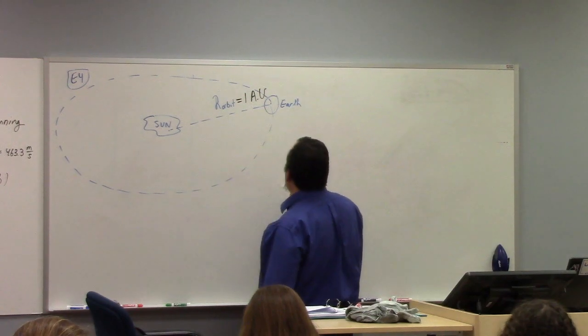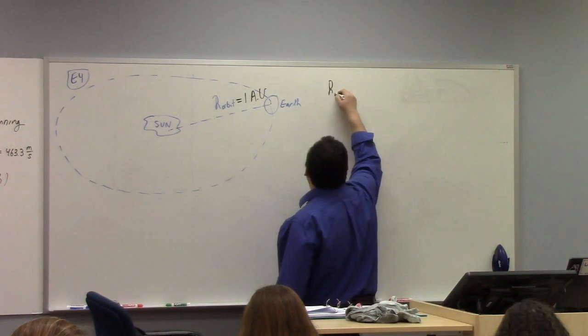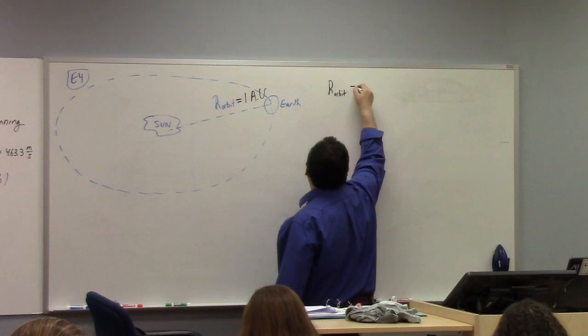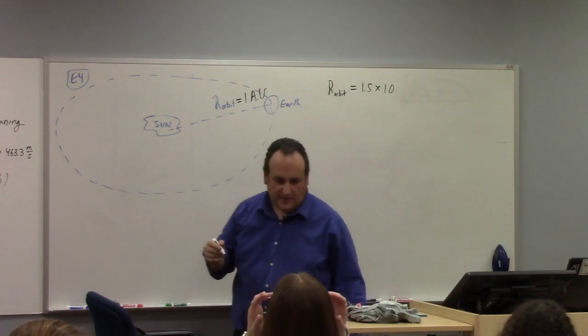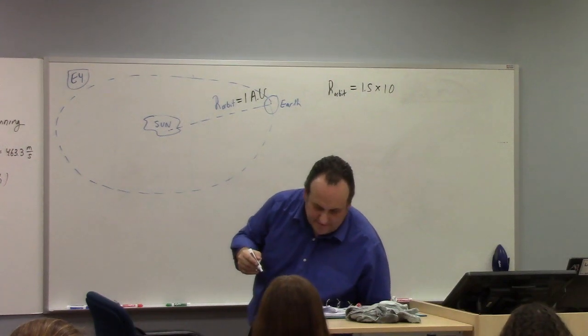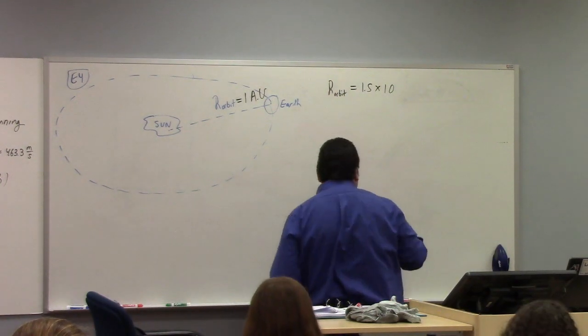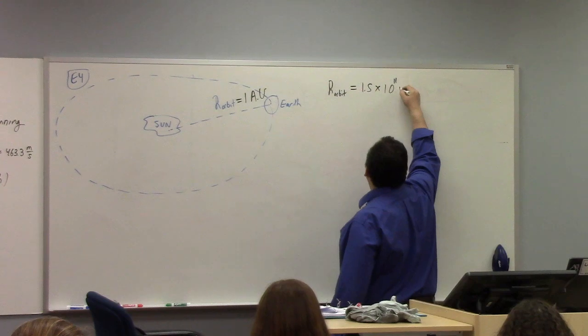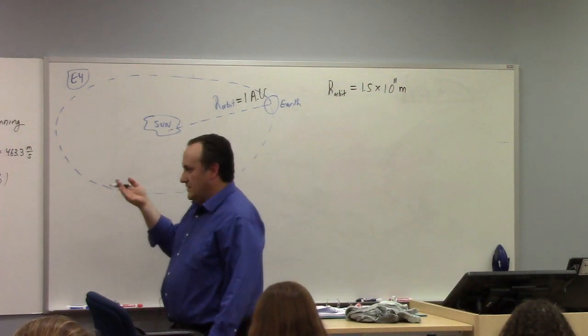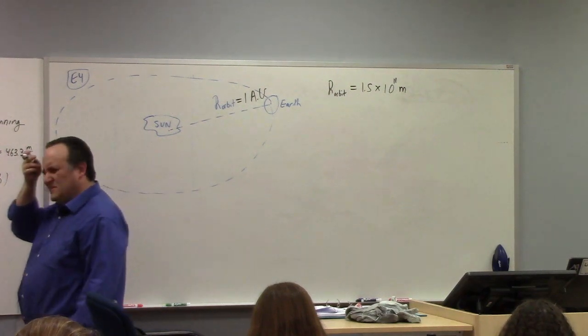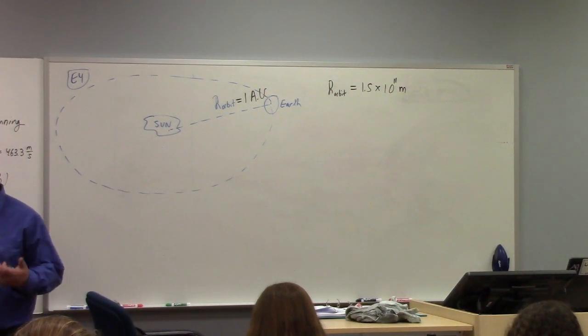But that's just a lazy way of telling you it's about 1.5 times 10 to the 11th meters. Now, of course, is the equator a circle? Not exactly either, right?